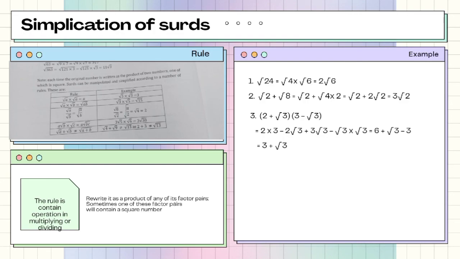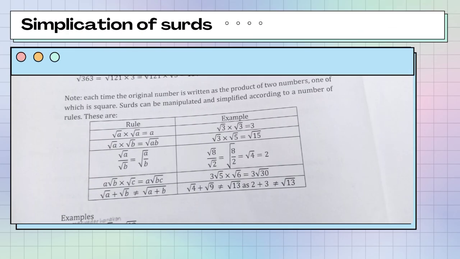Simplification of surds. Surds can be manipulated and simplified according to a number of rules. These are: number 1, square root a times square root a equals a. Example, square root 3 times square root 3 equals square root 9, that is the same as 3.